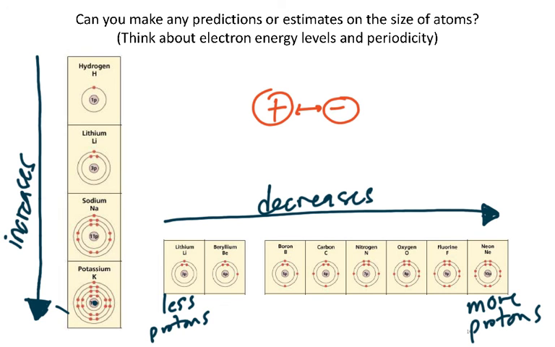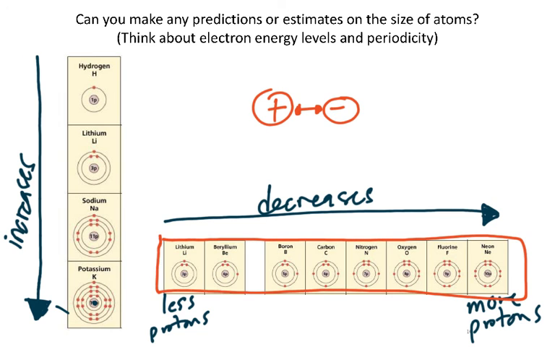So there's more positive charge in the center, and due to electrostatic attraction, it's going to pull the electrons in, just hold them a little bit tighter as you go across a row. So even though the energy level is the same, it's not so much about adding the electrons, it's about adding the protons. And so there are more protons as you go across, so it's going to pull those electrons in slightly.